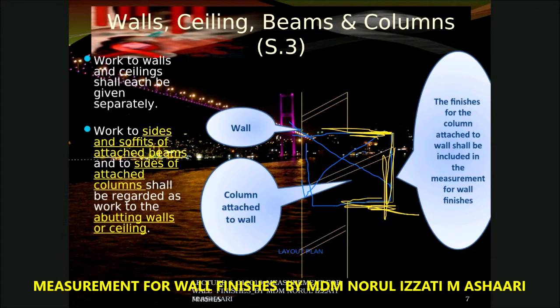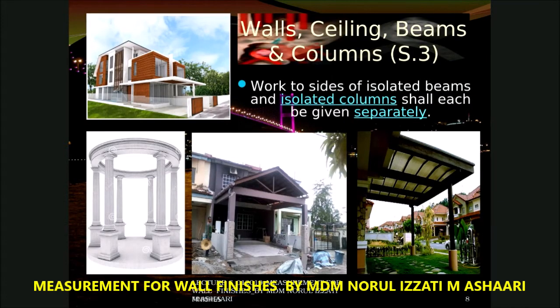Now look at this example. Look at this photo. These are examples of the column attached to the wall. So you have to measure the finishes for this one under external wall finishes. In this slide, I would also like to mention the isolated component. Work to sides of isolated beam and isolated column shall each be given separately.